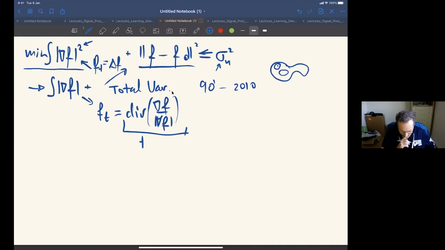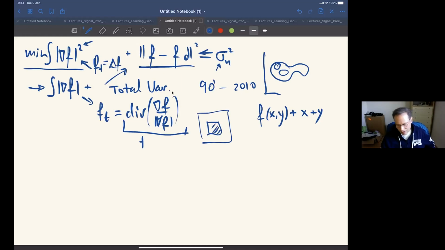Now, what happens about color images? I mean, what happens if you take an image f(x,y) and you just add a tilted plane to this image? If we do that, then the level sets of the image, I mean, if we think of an original image that was a dark object on a bright background, and this is how the original level sets look, then if we add this kind of tilted plane to this image, the new level sets would look something like that.